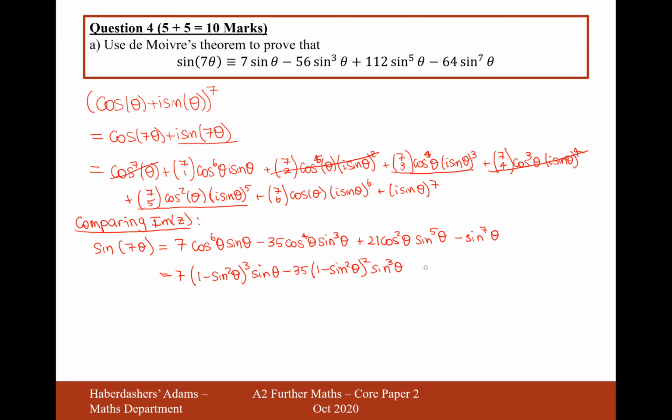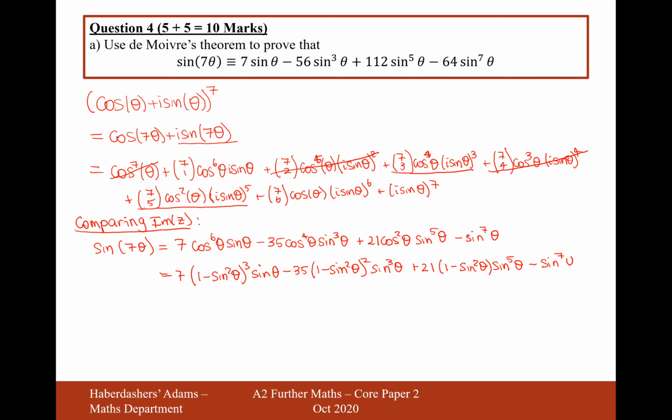And then the next bit is going to be plus 21 (1 minus sin squared theta) sin to the power of 5 theta, minus sin to the power of 7 theta.